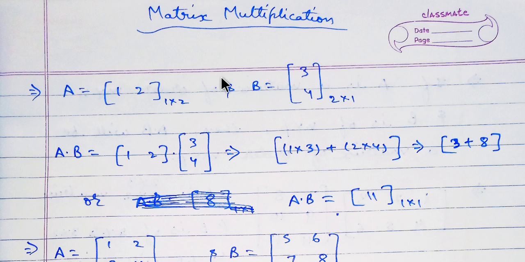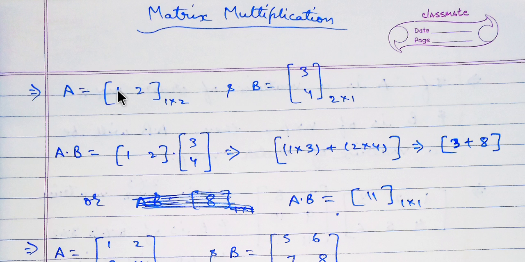So this is matrix multiplication, and we have to multiply two matrices. This is matrix A, a 1 cross 2 matrix, and this is matrix B, a 2 cross 1 matrix. A 1 cross 2 matrix is a horizontal matrix having only one row and two columns, and a 2 cross 1 matrix is a vertical matrix that has only one column and two rows.